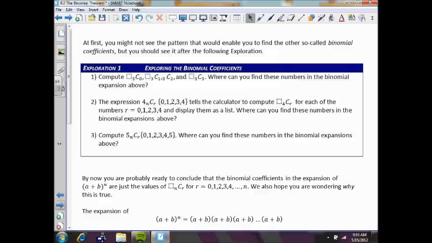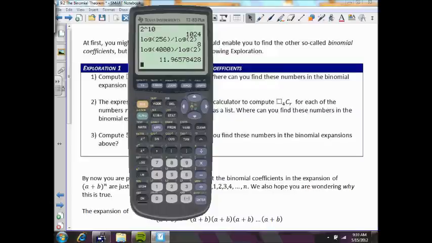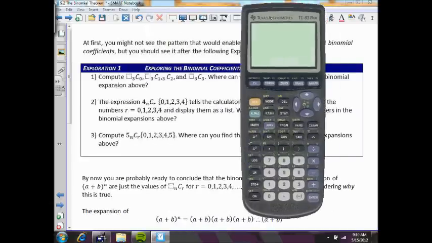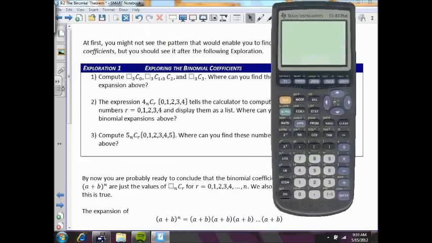Now, you need to take out your calculators here. It says compute 3C0. Well, 3 choose 0 would be 1. 3 choose 1. 3 choose 2. And then 3 choose 3.